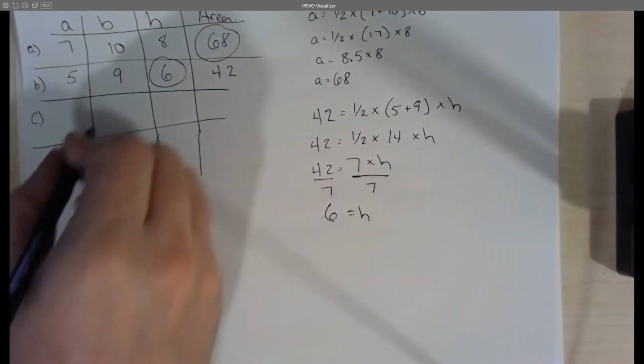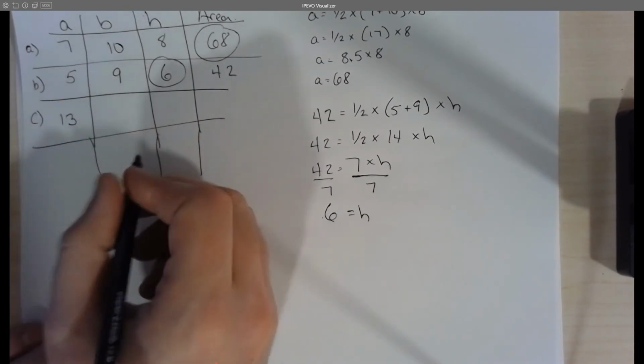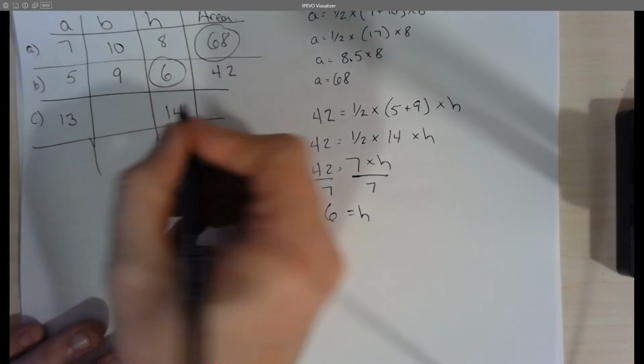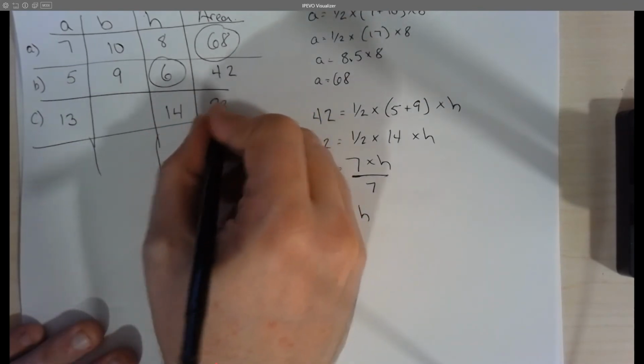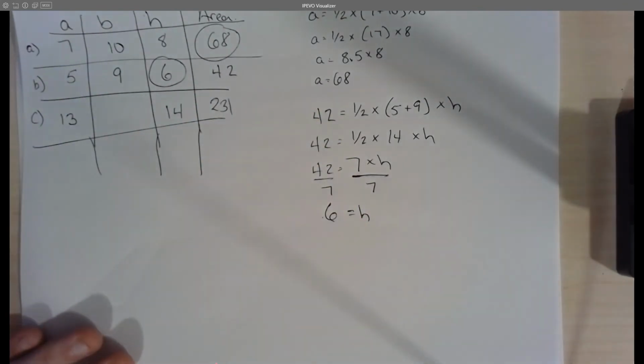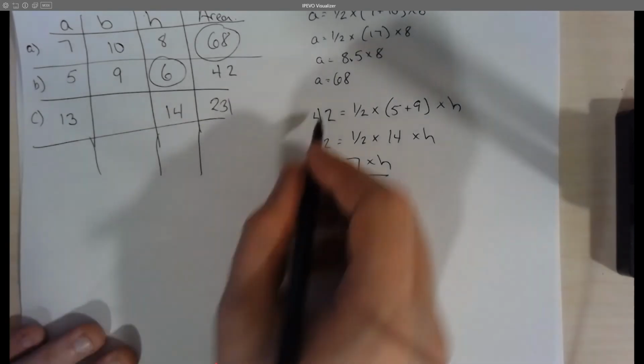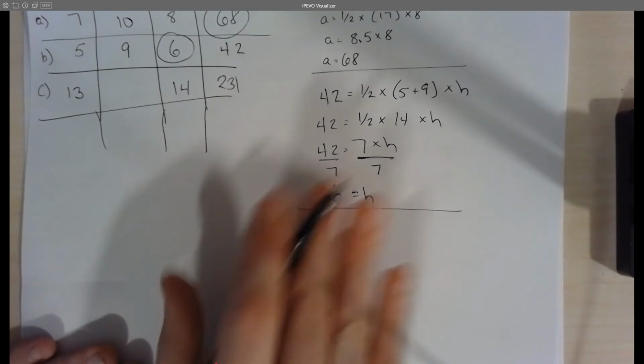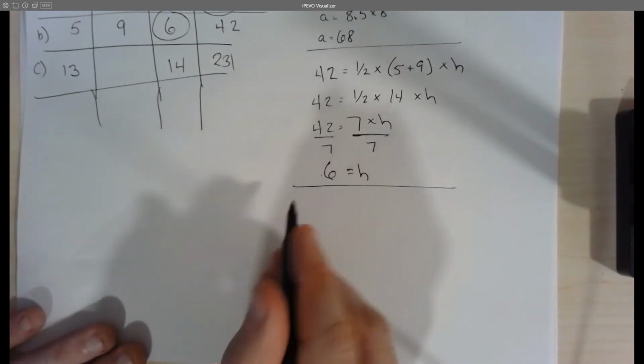For C, we are given base 1, we are given a height, and we're given an area. We are not given a base 2. So this gets significantly harder as that is within part of this trickier formula.